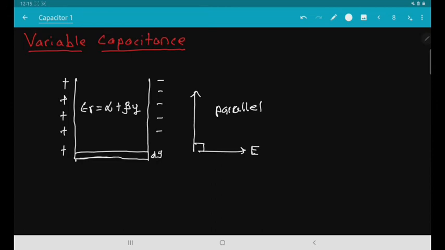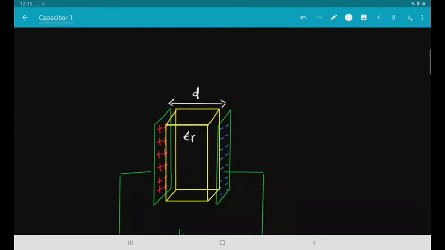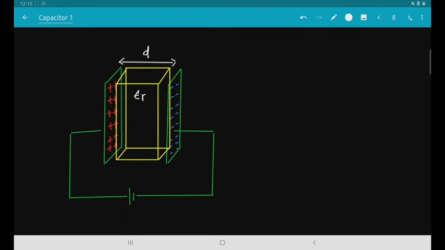Now you need to understand this diagram in 3 dimensions. So I have brought that diagram of capacitance back here. We have considered a small element here of dy, but it will be 3-dimensional, so we will have to consider all these parts, and then this is the small element dy that we have considered.